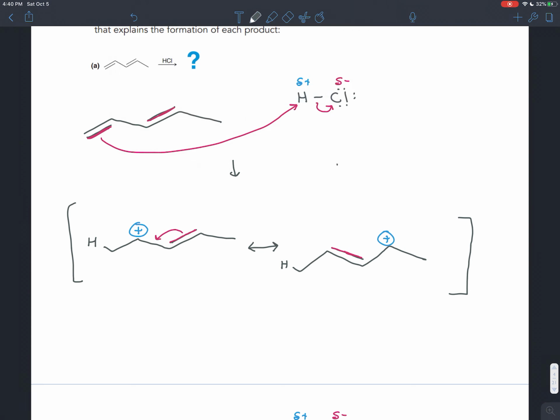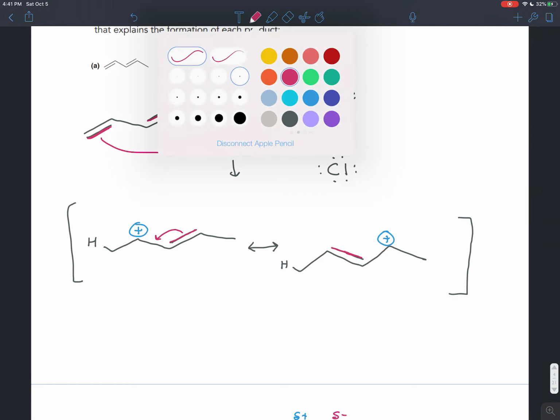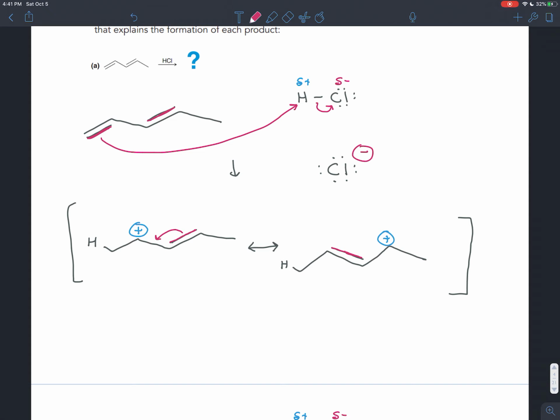The chlorine, meanwhile, has 4 lone pairs and a full negative charge. So it has 2 electrophilic places where it could attack. This is clearly our nucleophile with a full negative charge, and it can attack either one of these electrophilic positions.